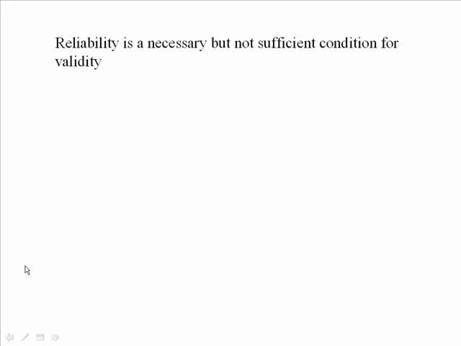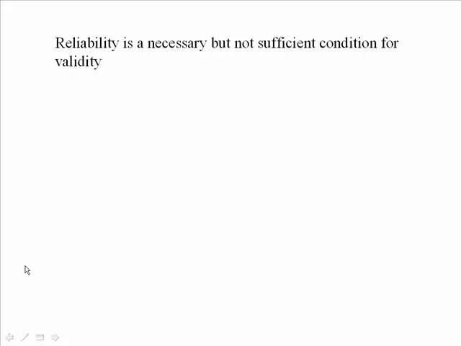Now, if we look at the relationship between reliability and validity, we will first see that reliability is necessary but not sufficient for validity. This is often described in the analogy of building a home or some other type of structure, where the first thing that must be done is a foundation must be poured or formed.